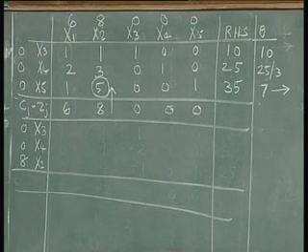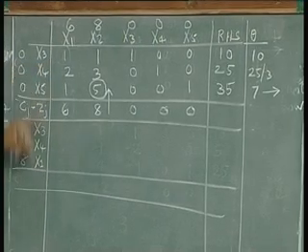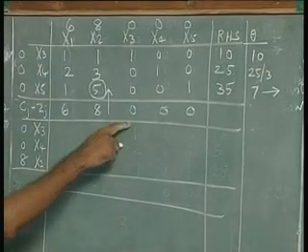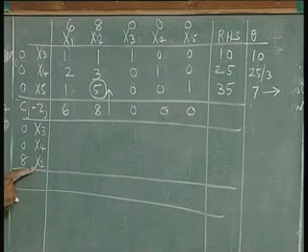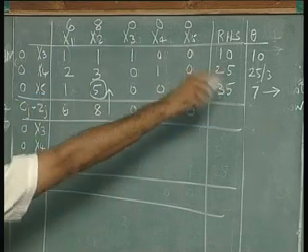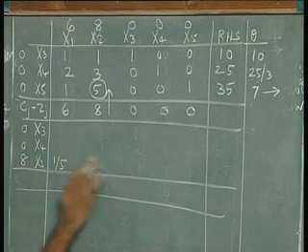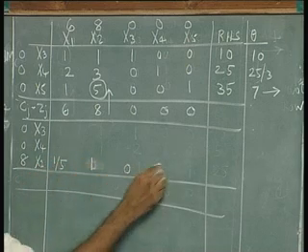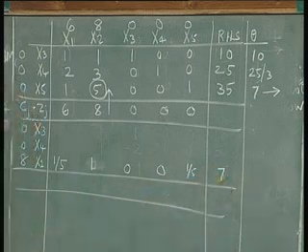Now the first step is to divide the pivot row by the pivot element, so that we get the identity matrix. Now we need 1, 0, 0, 0, 1, 0 and 0, 0, 1 under x2. So we need a 1 here, so divide by the pivot element to get 1 by 5, 1, 0, 0, 1 by 5 and 7.